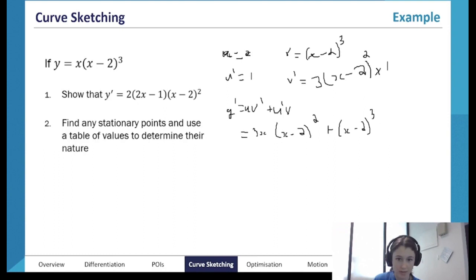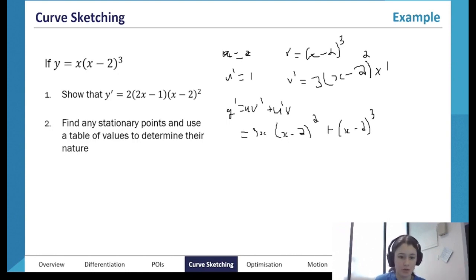Now we need to prove that this is equal to what we have over here. What we have over here is a factored version of this. A tip for a proof question, if you need to show a result, is to look at what you need to prove, then look at what you have currently and match the elements.